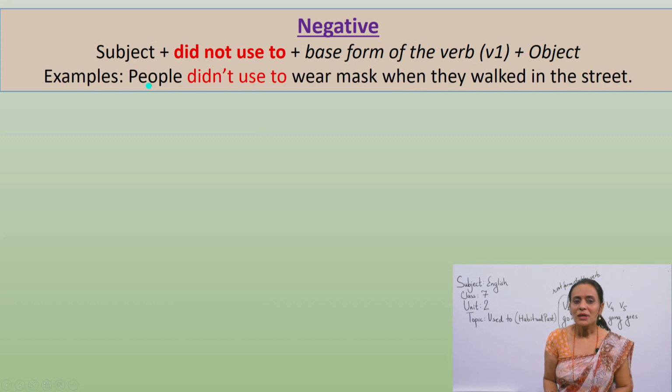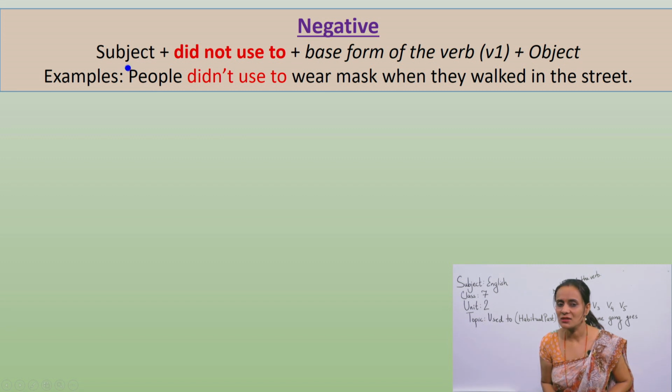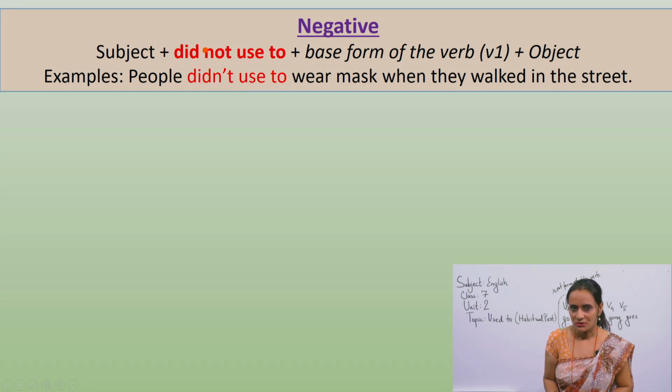Now look, people did not used to wear masks when they walked in the street. What is the subject here? People is the subject, and did not used to is kept here as told in the structure. Base form of the verb is wear, and masks is the object. So all the structure is applied here.